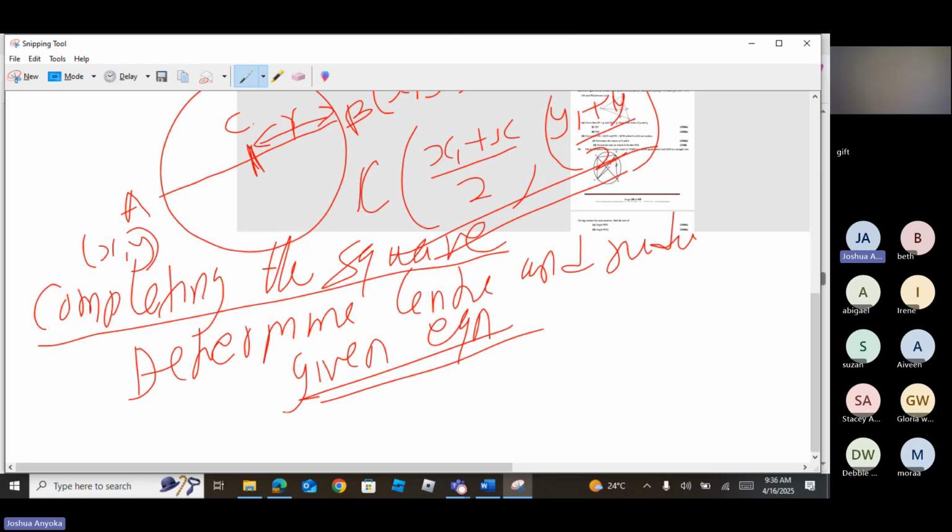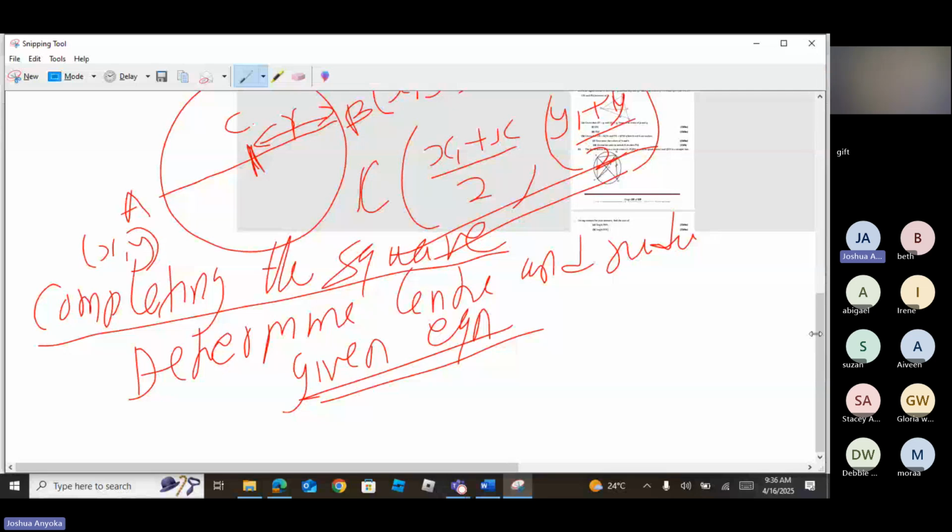So we need to have knowledge of completing the square. We complete the square for the equation in terms of x and in terms of y. Then we get the radius and the center of the circle whose equation we are given. This knowledge is enough for us to answer questions.